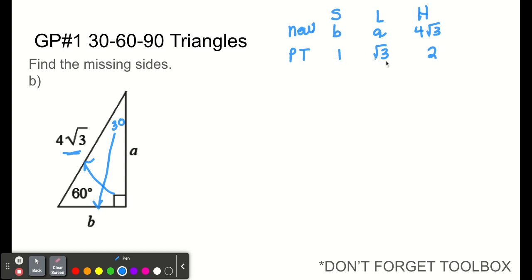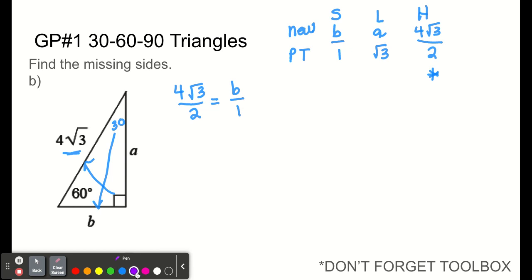This contains a variable, this contains a variable, this one does not. So 4 rad 3 over 2 is the ratio that we're going to have to use to solve for our missing sides. So we begin with 4 radical 3 divided by 2 is equal to, let's go ahead and find the short leg first, b divided by 1.